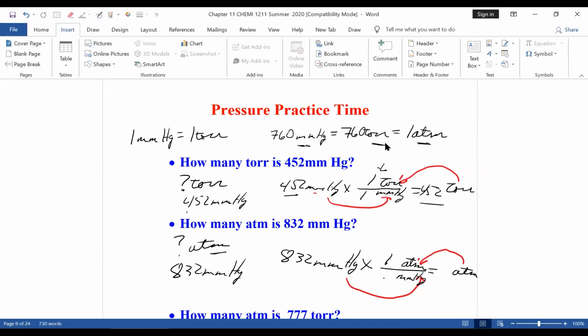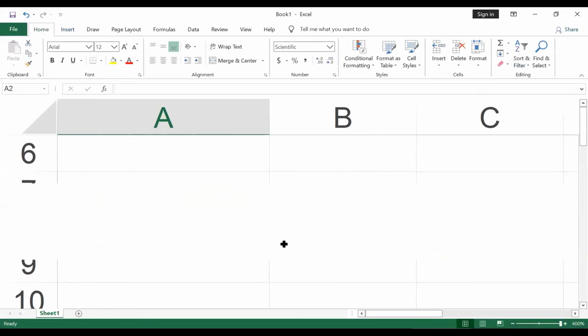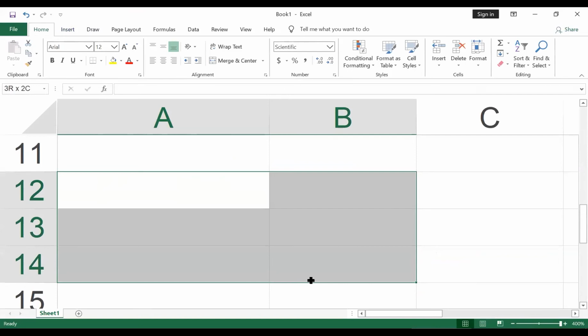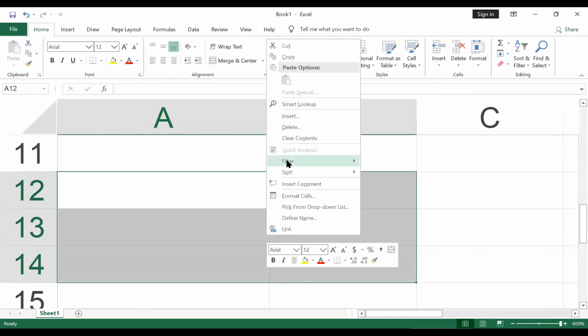Therefore, this is 1, this is 760. Both of these are exact numbers. And now I'll go over to my calculator, which I'm going to have to make.